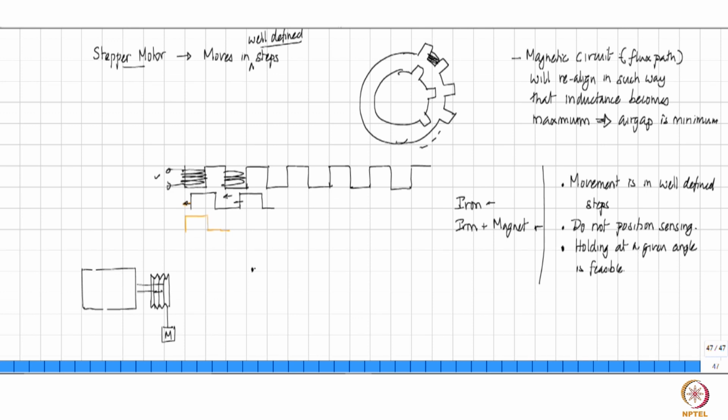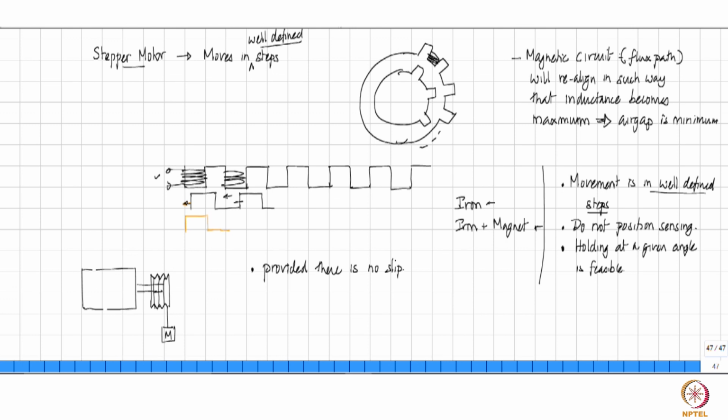So the disadvantages then are, movement we said is in well defined steps, provided there is no slip, right? If for example, let us say you want the rotor to rotate, so you are giving one by one, right?